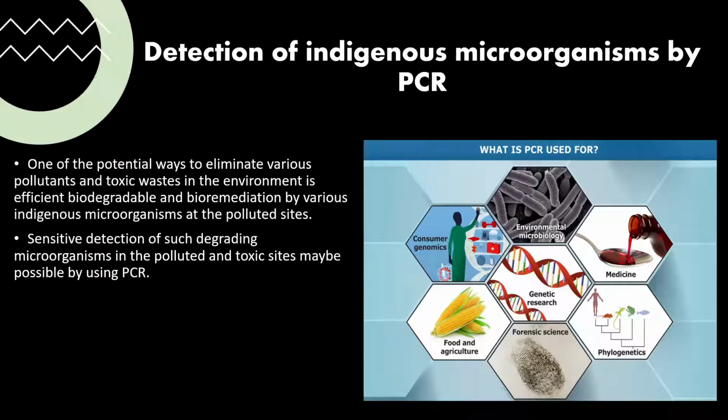Although there might be variations in the genes of the same or different groups of microorganisms for the degradation of one or several types of pollutants, it may be possible to identify these microorganisms by detecting the conserved regions of these genes by PCR amplification.